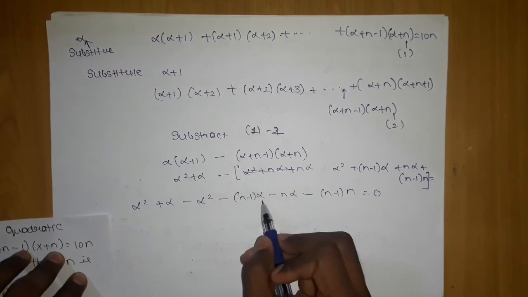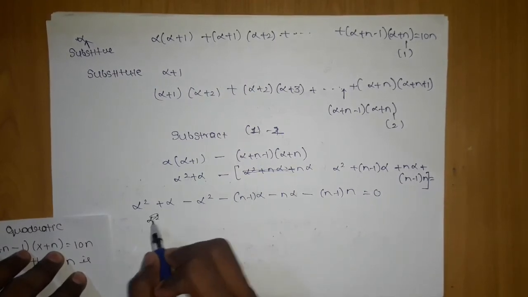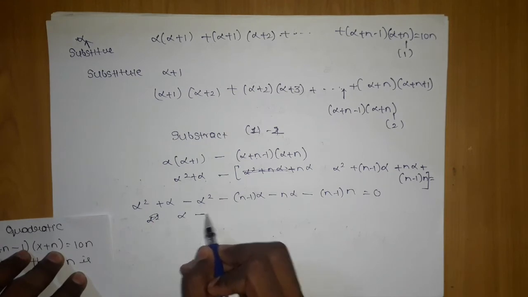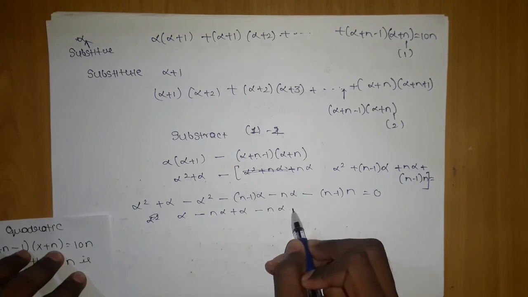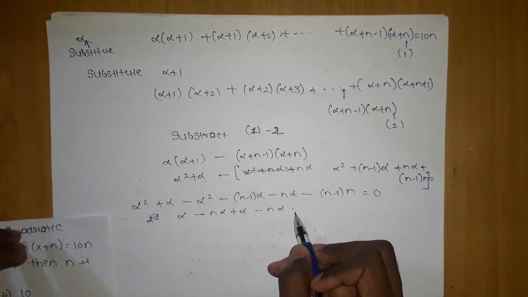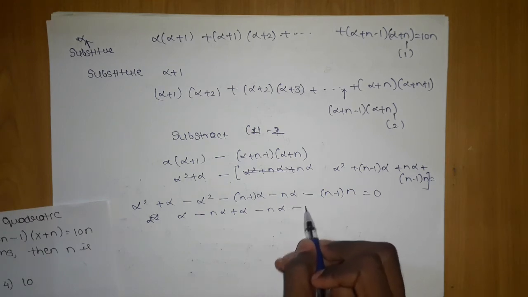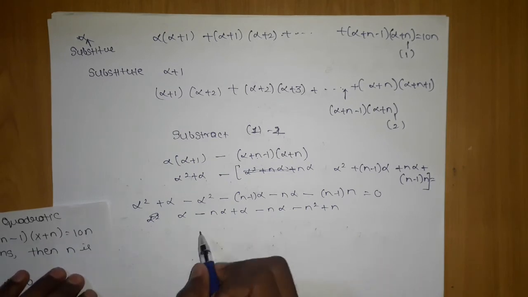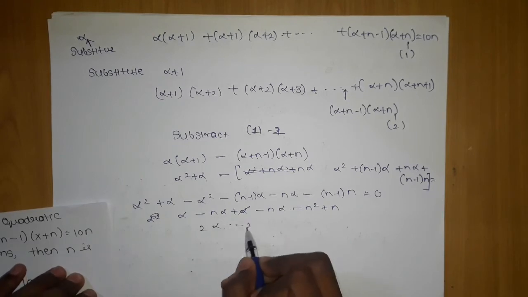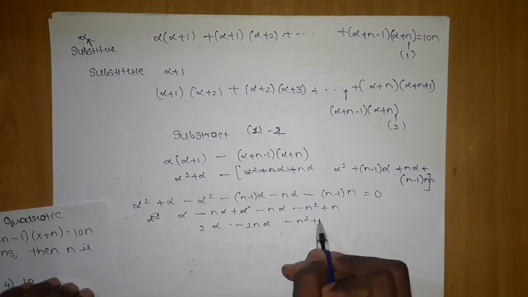If I open this thing also, alpha square will cancel out. I will be left with alpha minus n alpha plus alpha minus n alpha minus n square plus n. So this will become 2 alpha, here it will become minus 2n alpha, and here it will become minus n square plus n.